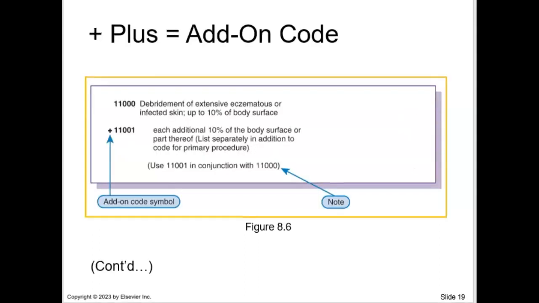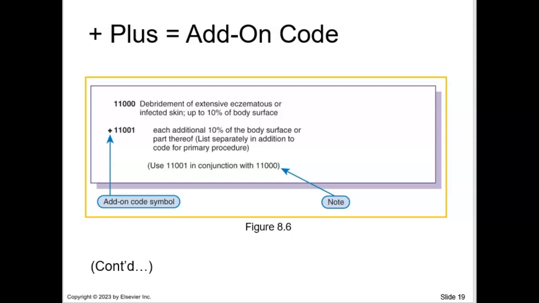Okay, so the add-on plus code. The add-on code, one thing to remember, and I will be saying it multiple times this semester, is that the add-on plus sign, this code right here, can never ever be used alone. It's an add-on code. So 11001, you see it has the plus sign, and look below in parentheses.